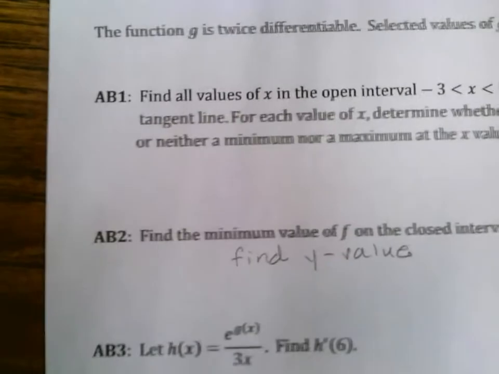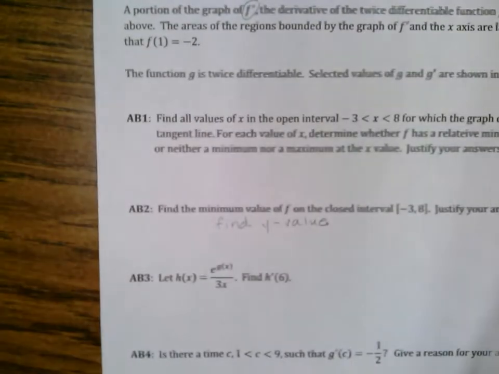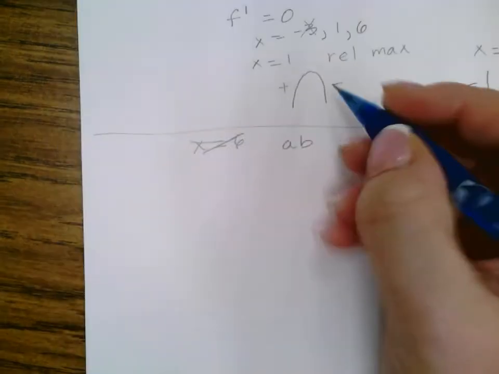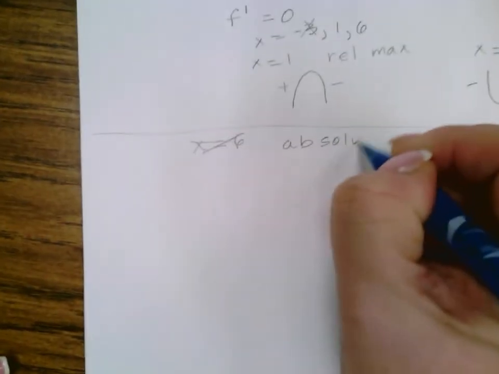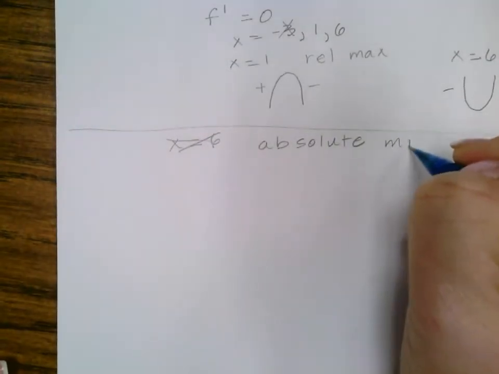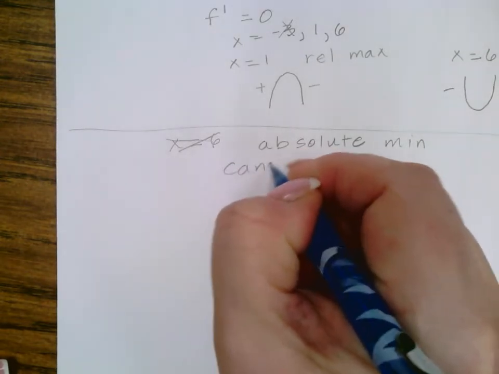Now, when they're asking for the minimum value, or the minimum of f, they're talking about an absolute minimum. So I'm going to cross that out. If they mean relative, they're going to say relative. And in this case, you have to use the candidates test.